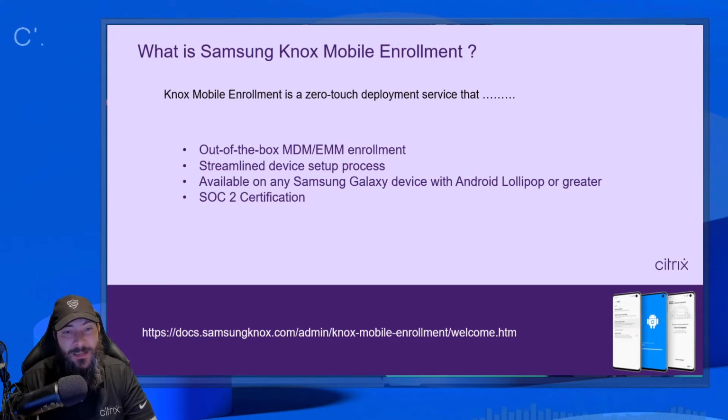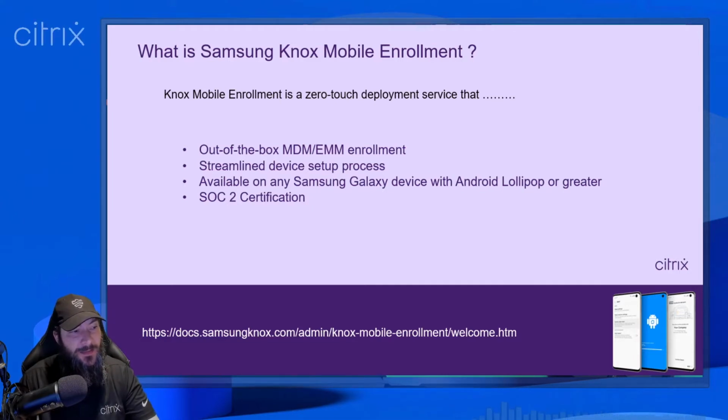Devices can be added to the Knox Mobile Enrollment portal by a reseller, or by installing the Knox deployment app on a master smartphone and then NFC bumping and enrolling a device into Knox Mobile Enrollment. So it's out-of-the-box MDM enrollment.